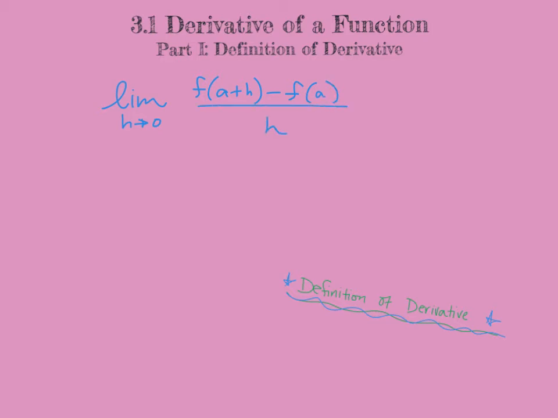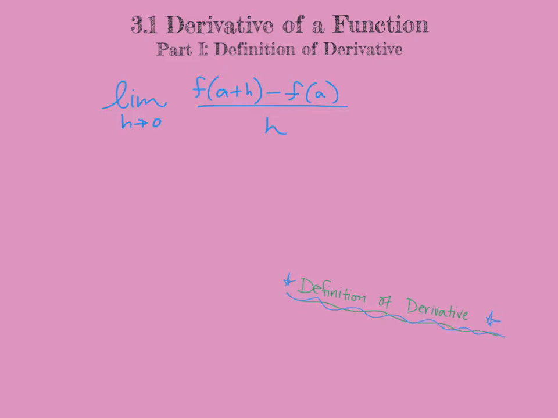And that's exactly what we did to find, let's say, the slope when x was 2, a would just have been 2. And we found what the instantaneous slope or instantaneous rate of change was at that exact point, and we used that to find the equation of the tangent line.